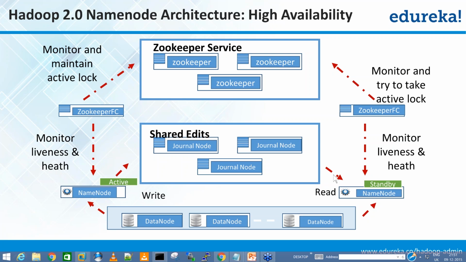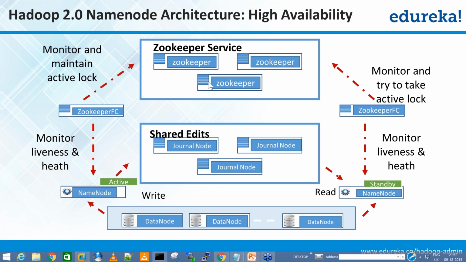This session information is being stored inside the Zookeeper service, which means this Zookeeper failover controller is sitting on the active NameNode, and another Zookeeper failover controller is sitting on the standby NameNode as well. If the Zookeeper failover controller detects that the active NameNode goes down, it is maintaining this session information inside the Zookeeper service.